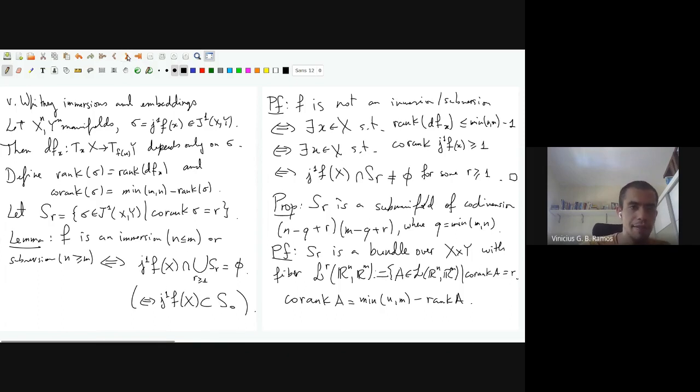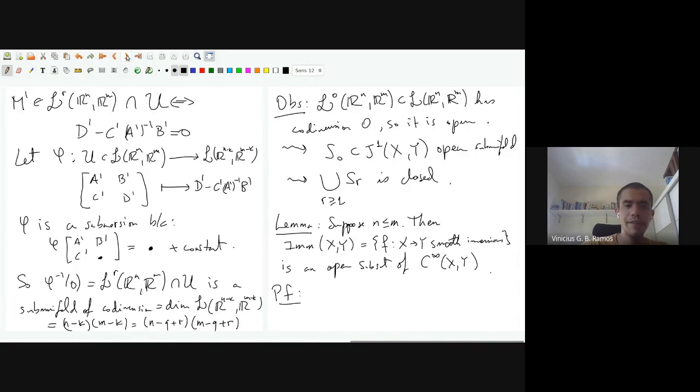So that means that the set of immersions is exactly the same thing as the set of maps whose first jet lies in S0. Okay? So this is an open set in the C1 topology, and therefore an open set in the C infinity topology. Okay?